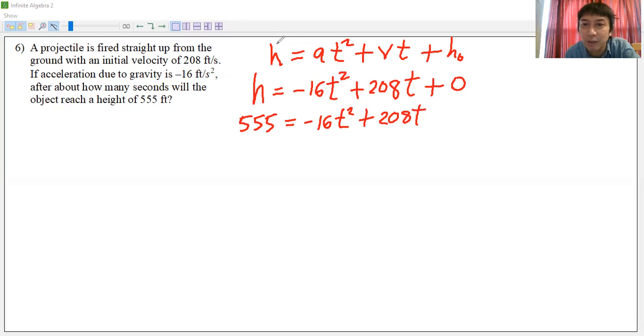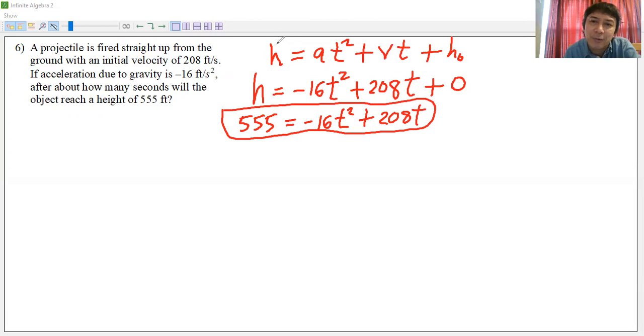And here's our working equation there. All right, and we only need to find the time. So we're asked to get t, and that's the only unknown in the equation.